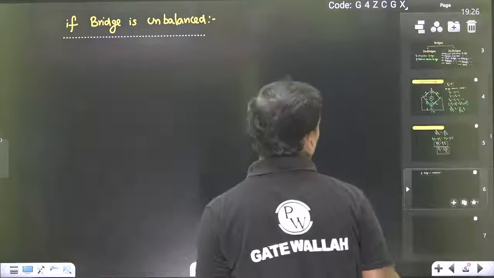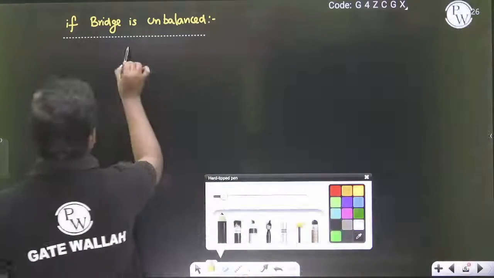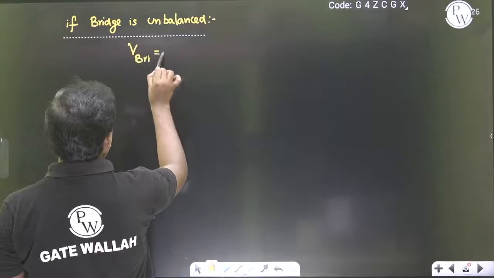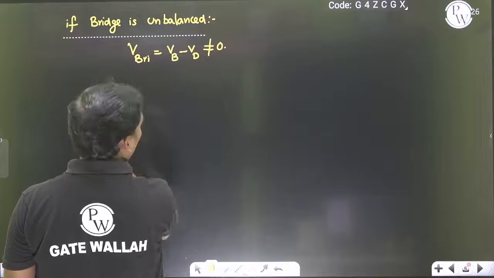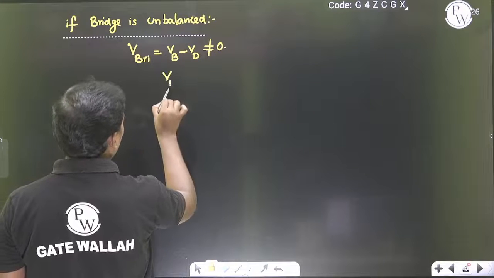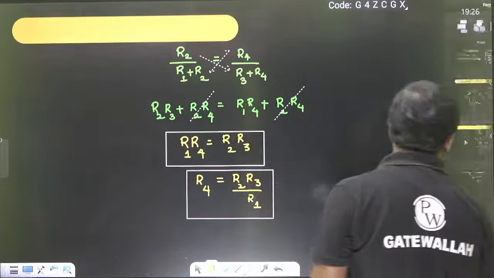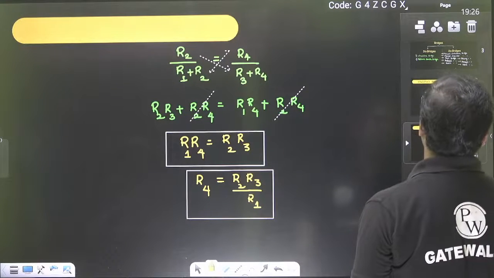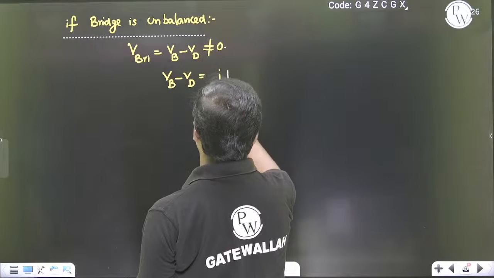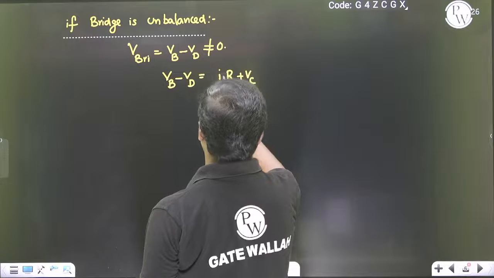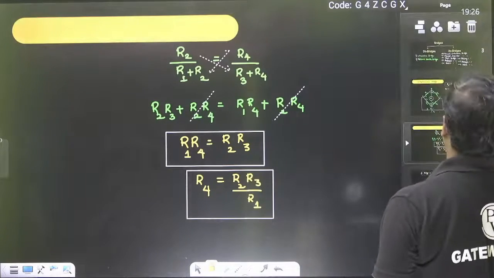So what I can write here: V bridge, VB minus VD, cannot be 0. V bridge is equal to VB minus VD, not equal to 0. VB is I1 R2 plus VC, and VD is I2 R4 plus VC.